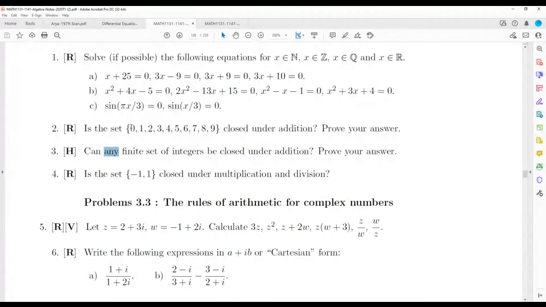On the chat, can anyone give me an example of a set of numbers like this one that's finite and that is closed under addition? Who can give me a simple example of a set of integers, a set of whole numbers, that is closed under addition? Who can give me a list of numbers or a set of numbers?